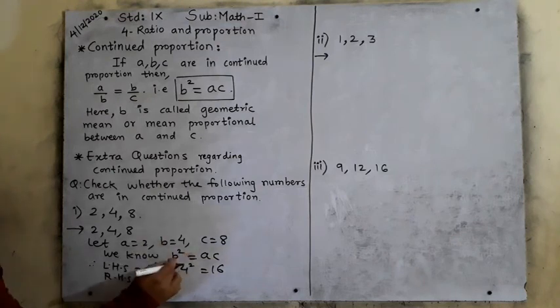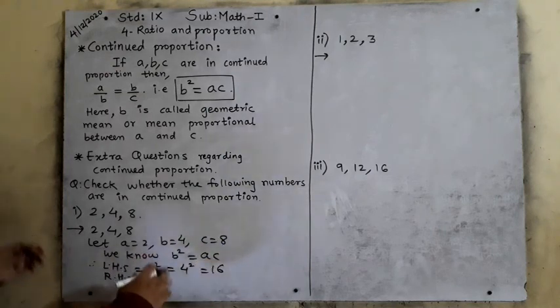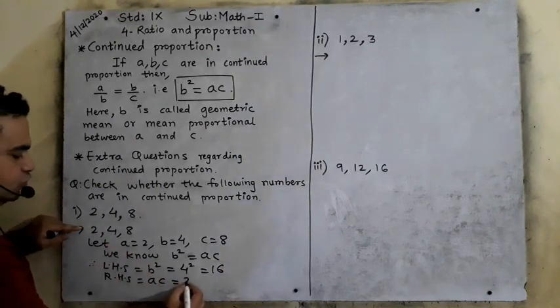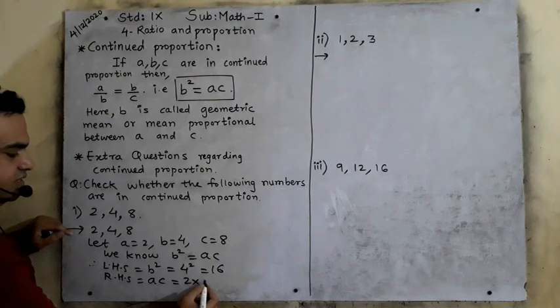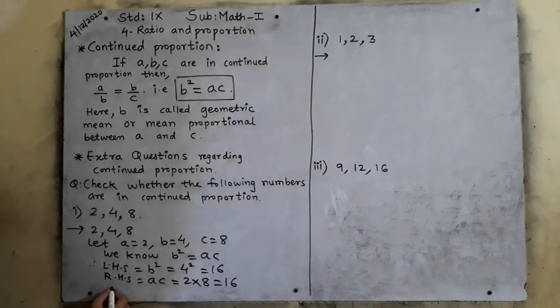This is the left hand side, B square. AC, A multiplied by C, is the RHS, right hand side. So you will write here AC. What is A here? A is 2, multiplied by C value, which is 8. 2 8s are 16. Can you see here? LHS is equal to RHS.